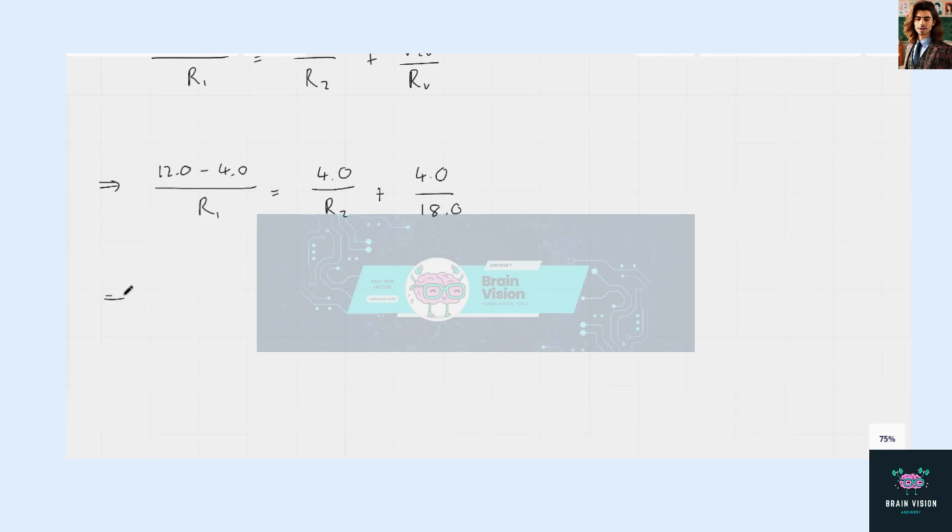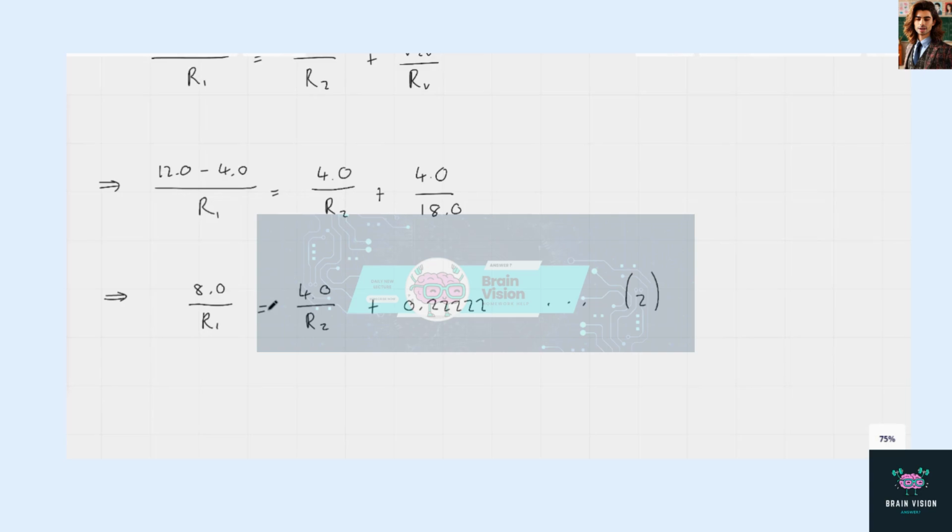And so simplifying this, we get 8 over R1 must equal 4 over R2 plus 0.22222. And we can call this equation 2. So we have yet another equation with the two unknowns R1 and R2.